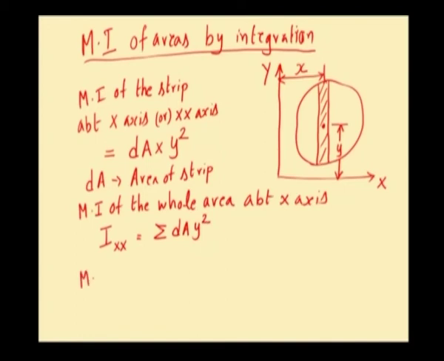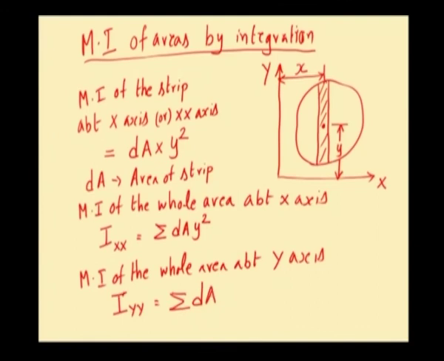Likewise, we can get the moment of inertia for the whole area about y axis, which will be Iyy. Just like the previous case, it will be summation of dA into x square.